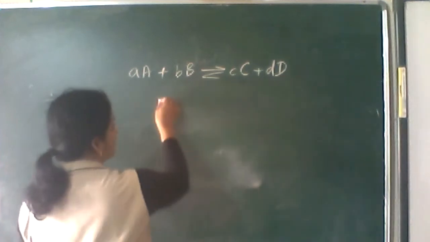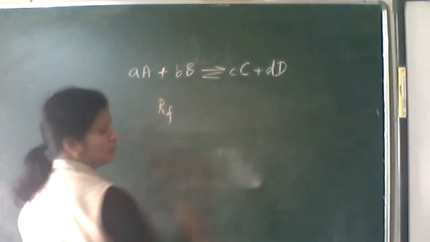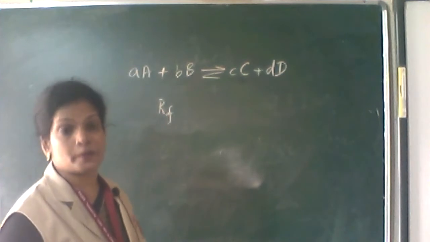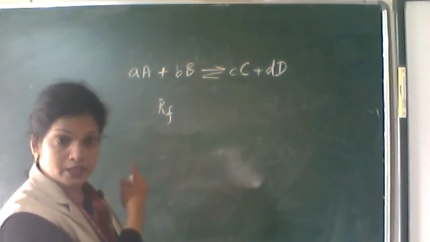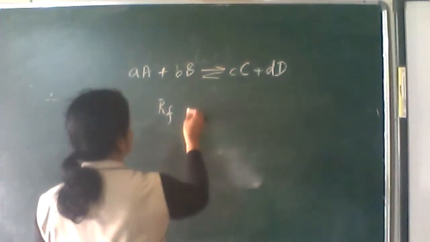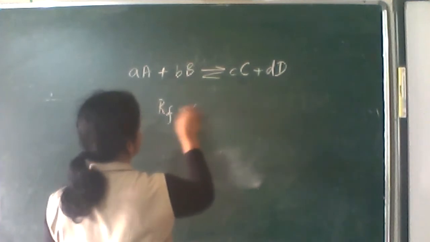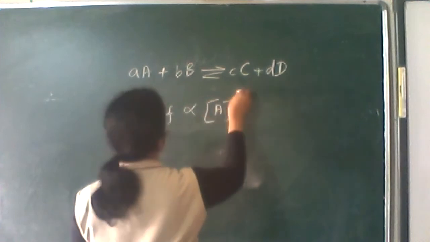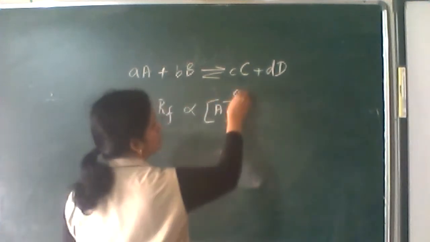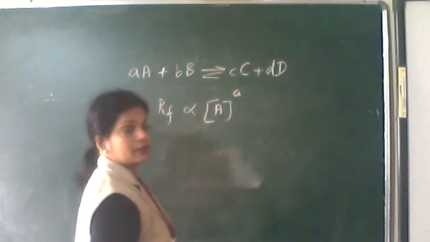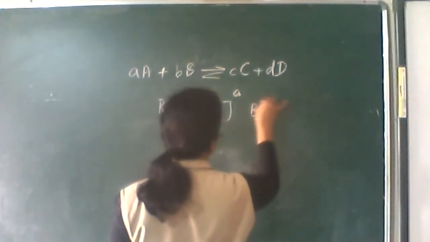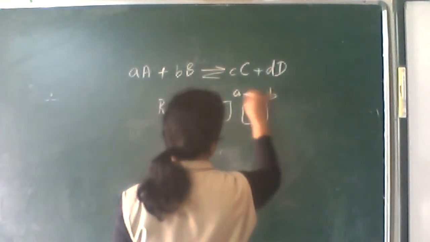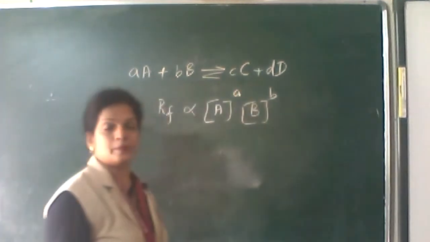The rate of forward reaction, the speed of forward reaction, depends upon the concentration of the reactants. That is proportional to the concentration of the reactants to the power of their stoichiometric coefficients, A to the power a and B to the power b.